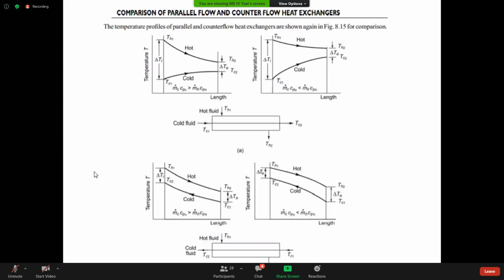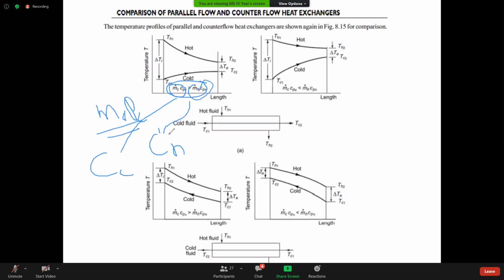Now here we can see the comparison of parallel flow and counter flows. See the product of m dot c, mc cpc. This together is called CC, the heat capacity, capital C. At the same time, for hot fluid, capital CH.